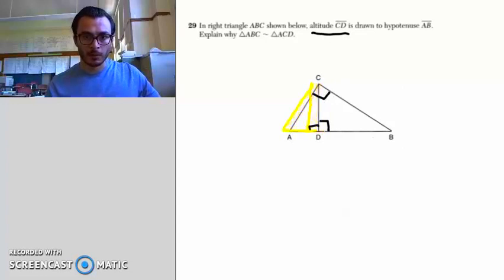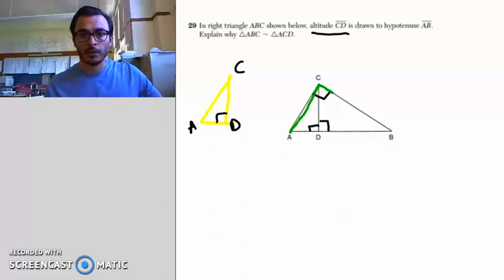I'm just going to park that right over here. That's triangle ACD. Okay, we know this is 90 degrees. And then we have the big triangle, triangle ACB. So just stay with me for a moment. Okay, we got that big triangle ACB. I'm just going to go ahead and draw that here.